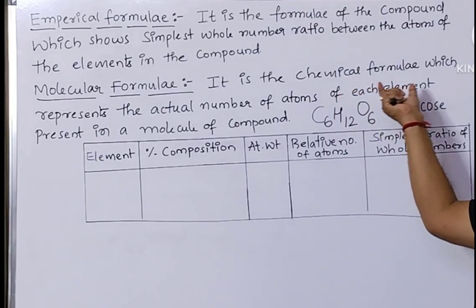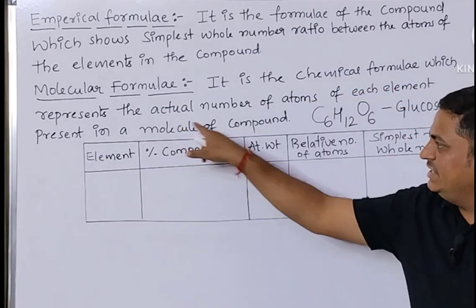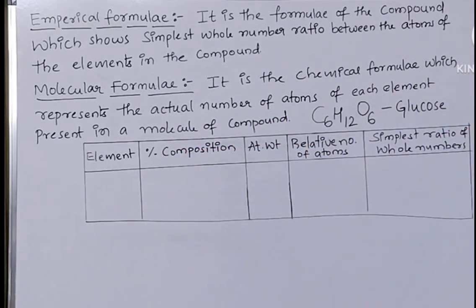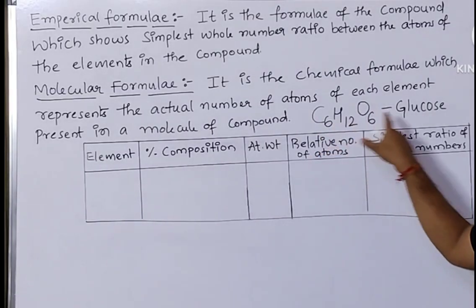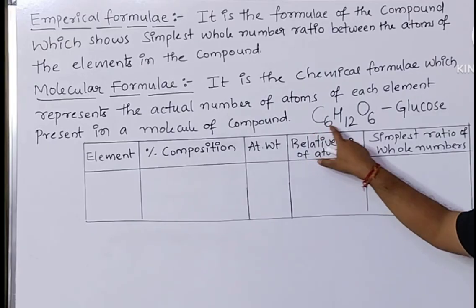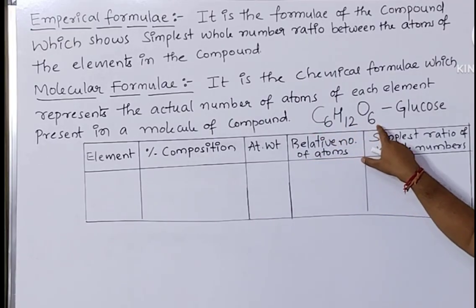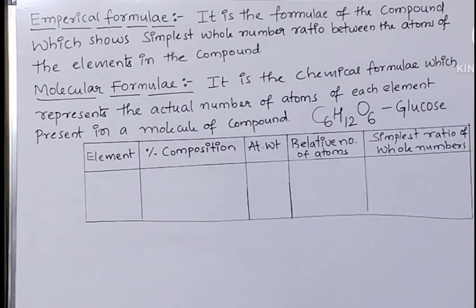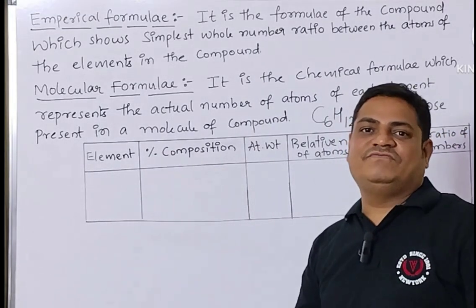It is a chemical formula which represents the actual number of atoms. Actual number of atoms means that in the glucose molecule there are 6 carbon atoms, 12 hydrogen atoms, and 6 oxygen atoms. Then what is the empirical formula?